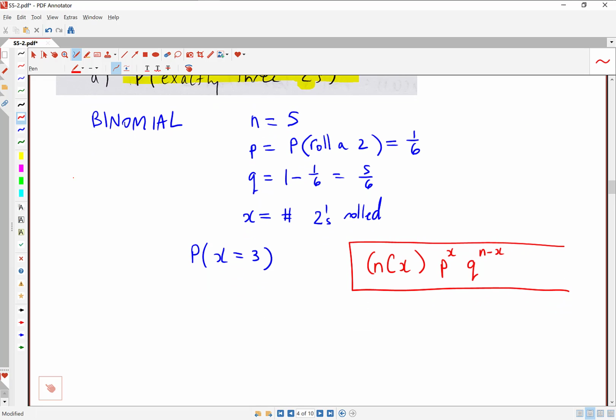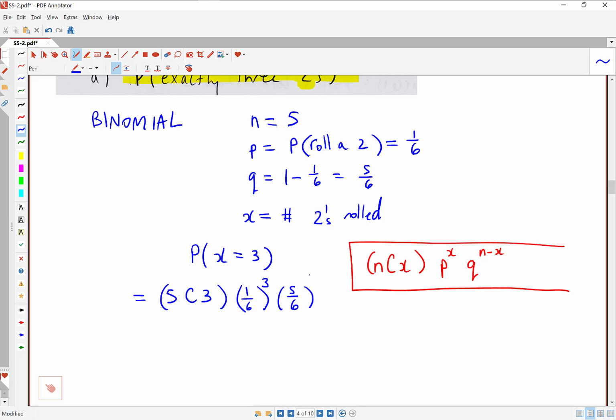All right, so let's try it. So N is 5. And X is 3. So we're going to go 5C3 times P, 1 out of 6, gets raised to the power X. And then Q, which is 5 out of 6, gets raised to the power N minus X. All right, so I have to do a little bit of mental math here.